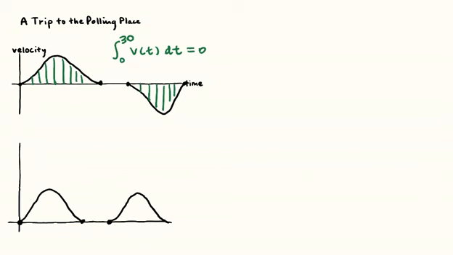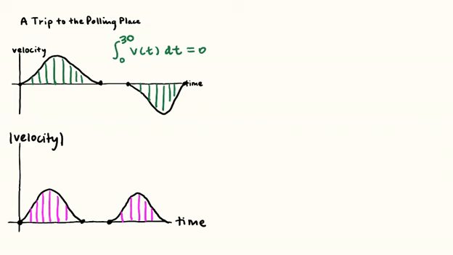Well, my question is, what kind of transform did I do on the first graph to get the second graph? I took everything that had been negative and made it positive. I took the absolute value of velocity. So really this is the graph of absolute value of velocity versus time.